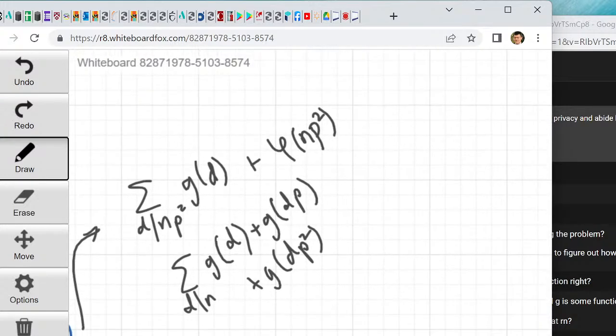Yeah, this might be the nice way to do it. That's phi of n, phi of p squared.